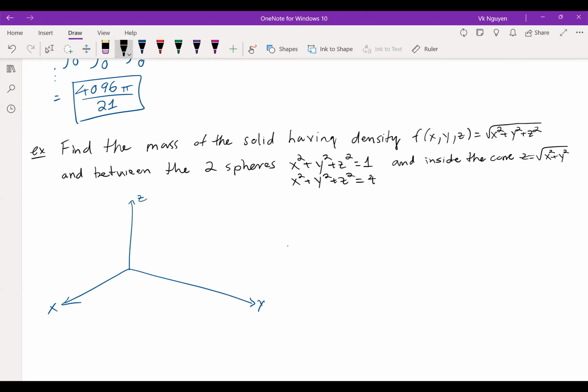Okay, so we have a cone right here, and then the two surfaces.